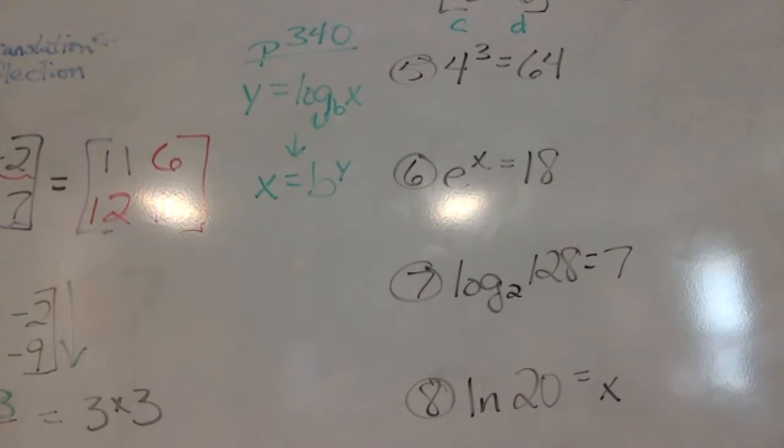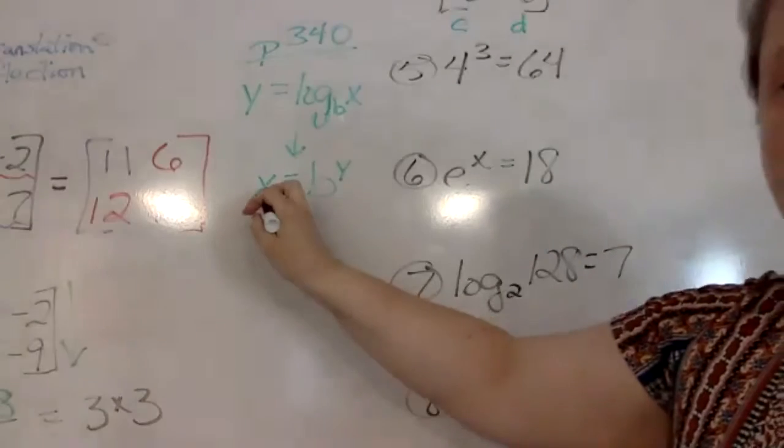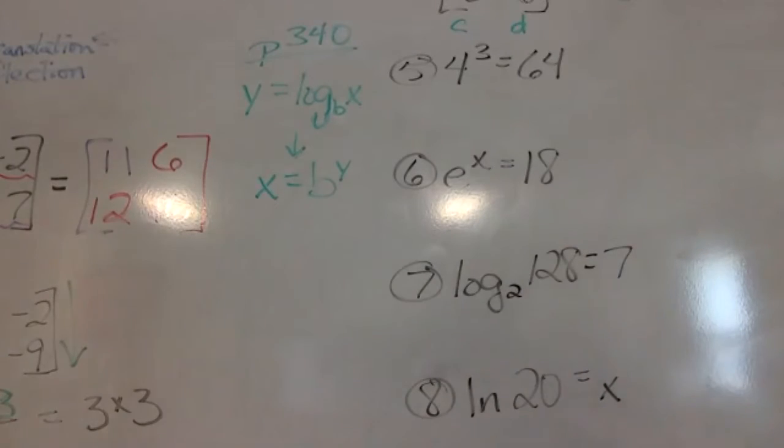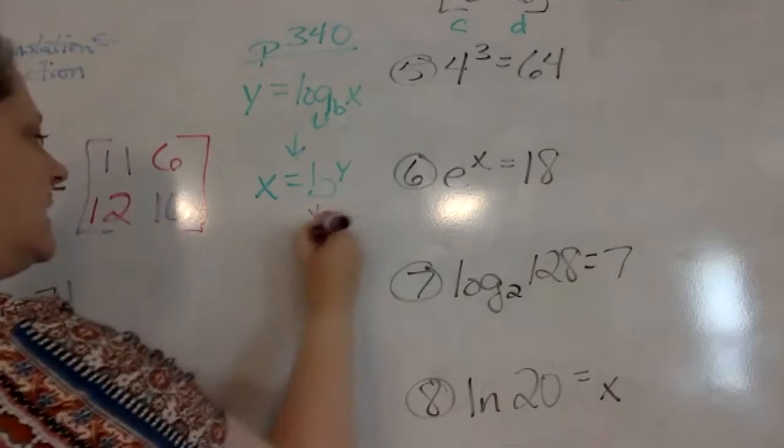All right. So remember on these you have your base, you have your exponent, and you have the one thing they answer. This thing right here is called your, does anybody remember the word for that? This is the base.